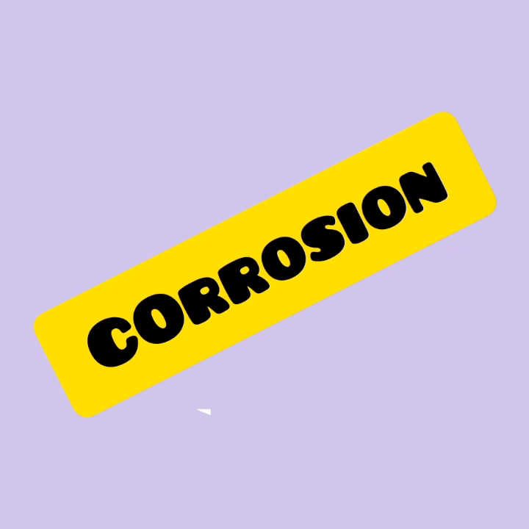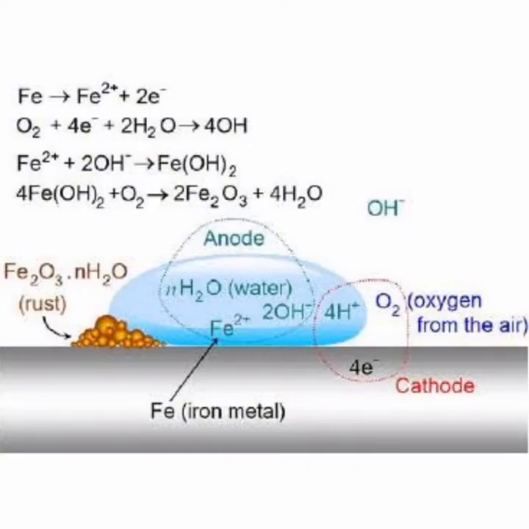What is corrosion? Corrosion is the slow destruction of metals due to the attack of atmospheric gases and moisture on their surface, resulting in the formation of compounds such as oxide, sulfide, carbonate, etc. That is corrosion. And what are the examples? Rusting of iron and tarnishing of silver, and also the development of a green coating on copper.